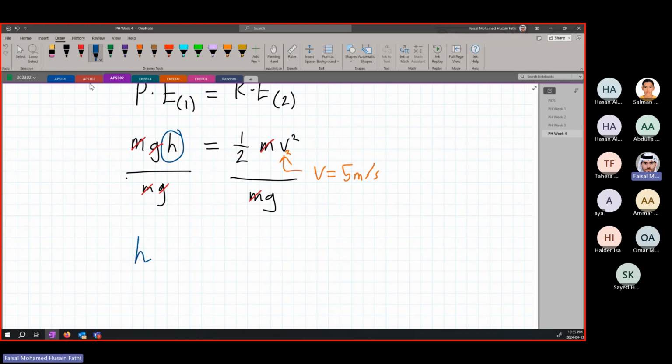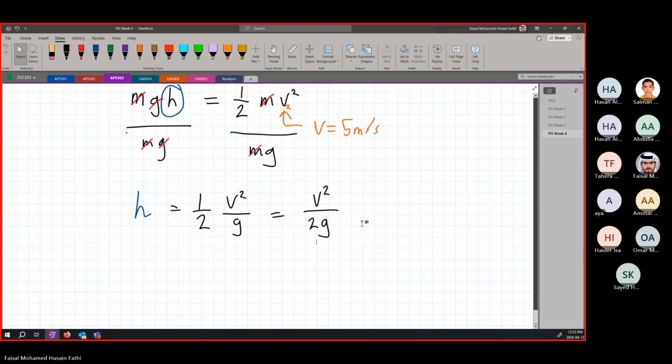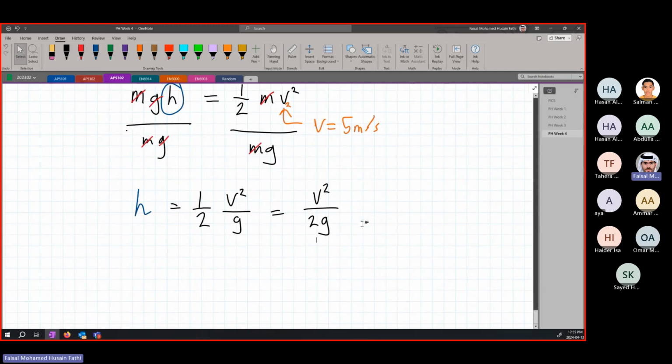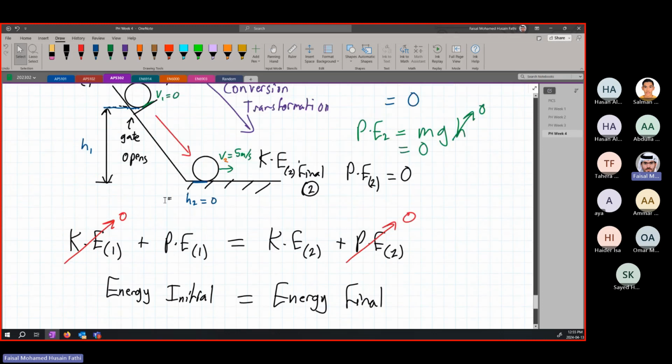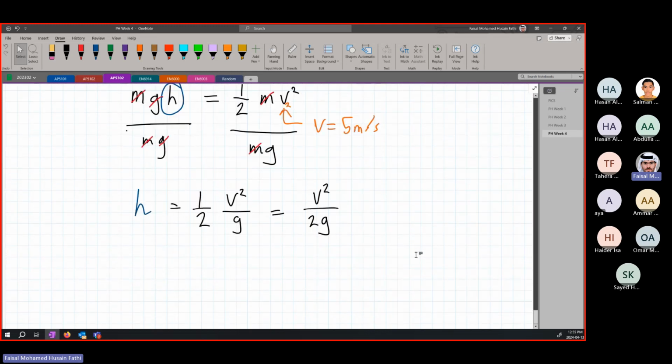So we know that h is equal to half v squared over g. Or if you want to write it, you can write it as v squared over 2g. Okay? How did we come up to this equation? Because of the conservation of energy. Because the total energy initially has to be equal to the total energy finally. So now we can just solve for h.